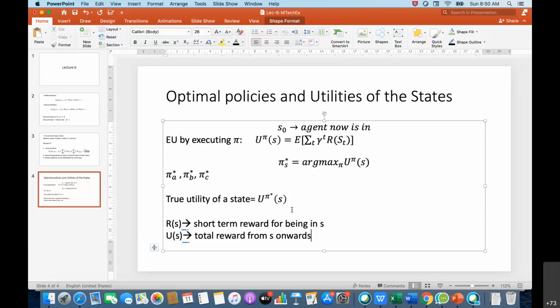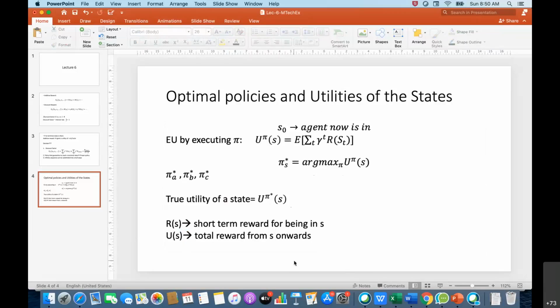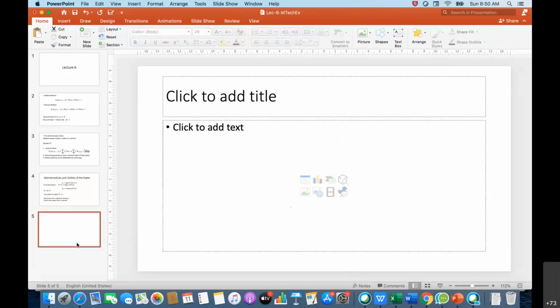So this is the difference between the utility function and the reward function. Is this much clear to you?